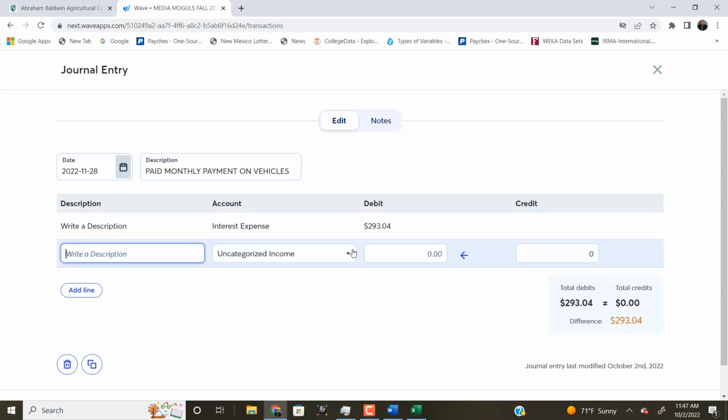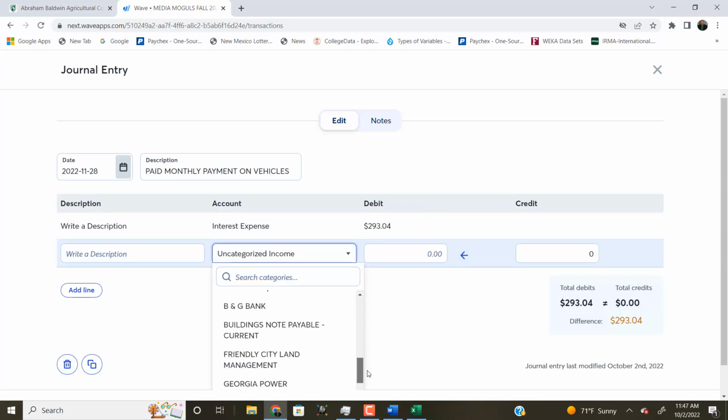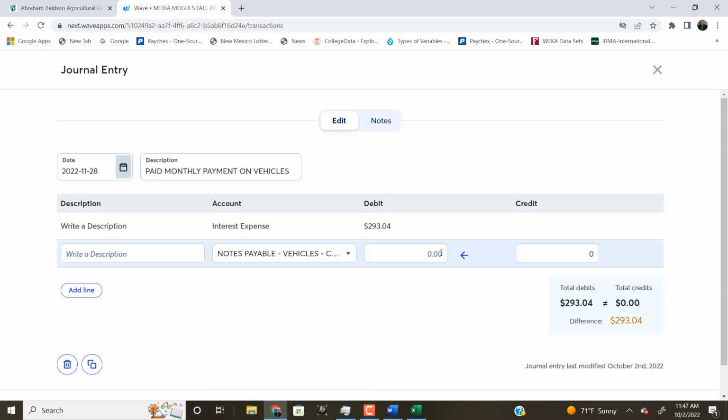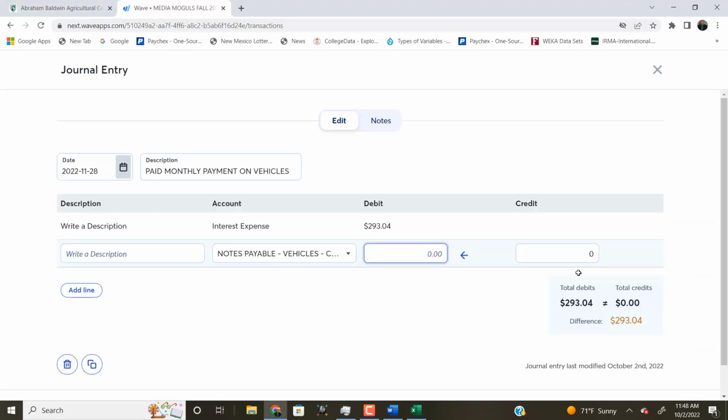The next one, of course, is going to be note payable current for vehicles. And that amount is 703.39. Add a line.